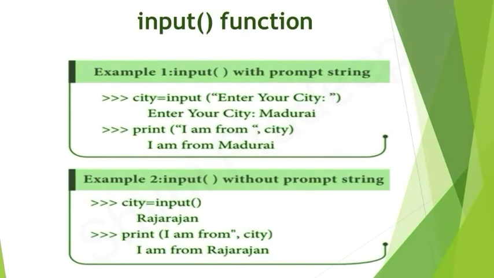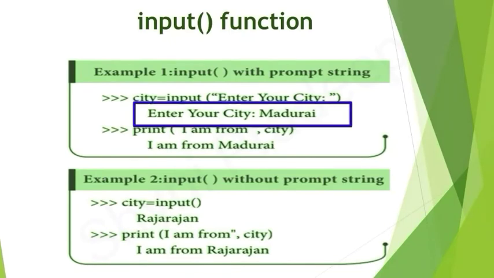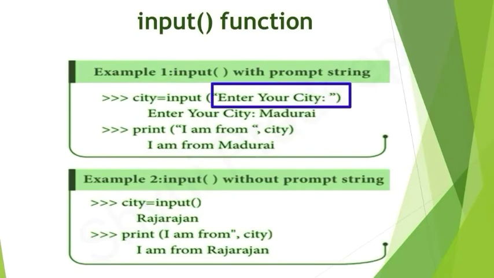The interpreter asks you to enter the input, which means to enter your city. Here you can type your city, okay. If your city name is Madurai, you can write here Madurai. This prompt string displays in the output screen, so you can understand what input you have to give, because it is telling you to enter your city name. So you are typing your city name.